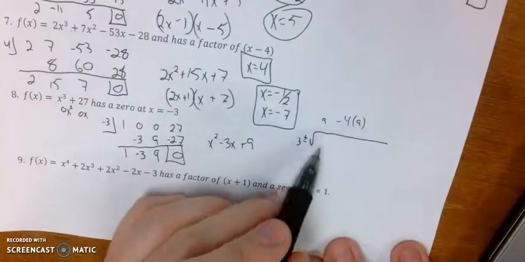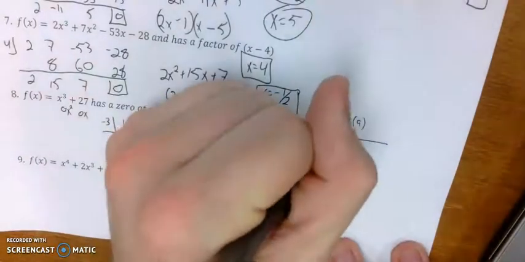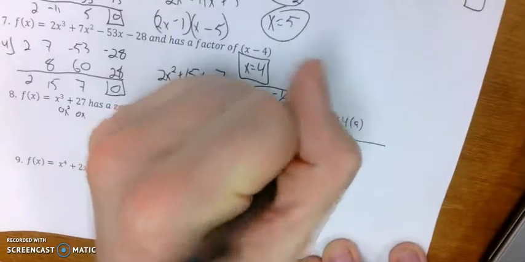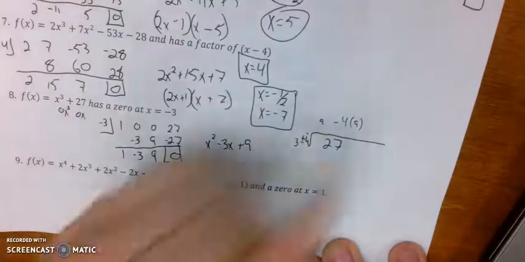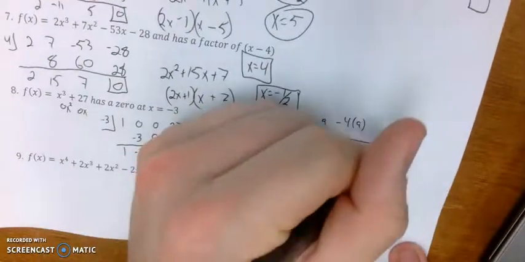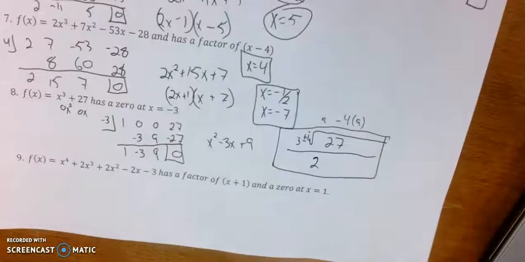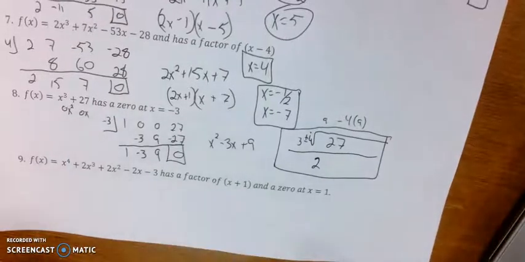So that'd be 36. 9 minus 36 is -27. So -27 means that there'd be an i on the outside, okay? All over 2a, well, my a value is just 1. So 3 plus or minus i radical 27 all over 2. Sorry about the obnoxiously huge radical there.